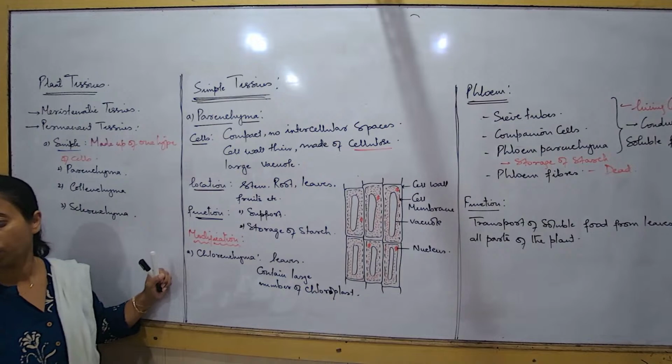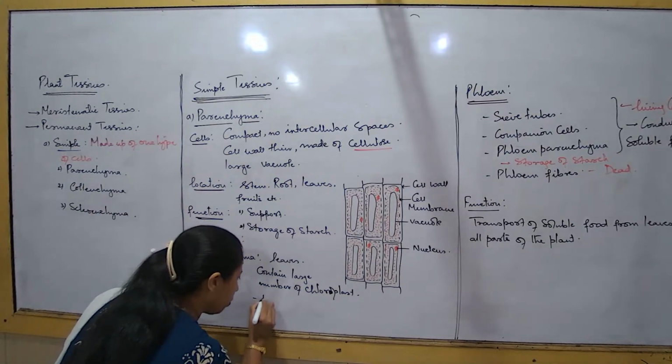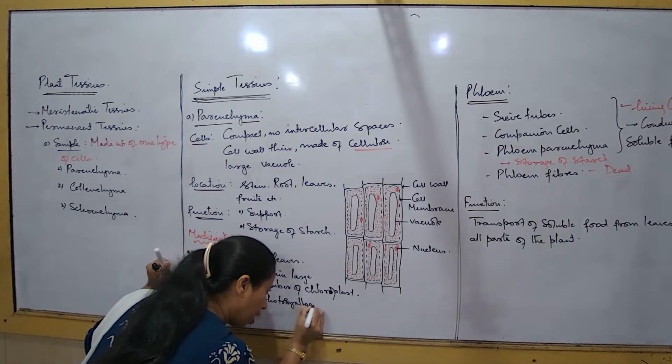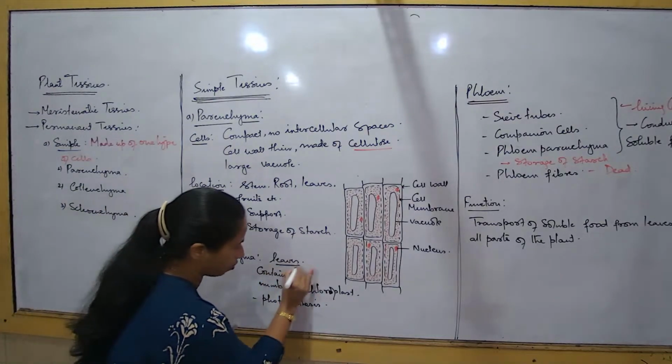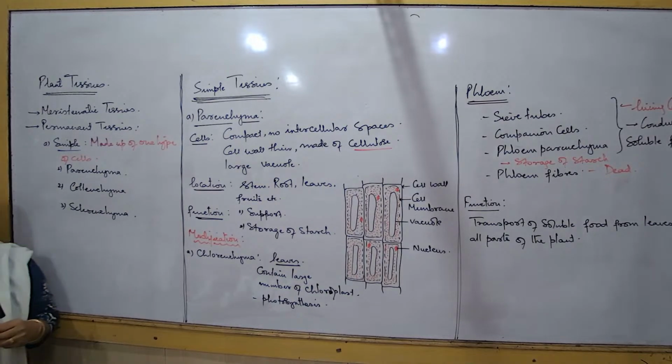They will be able to undergo photosynthesis. So chlorenchyma are able to undergo photosynthesis. Remember, they are present in the leaves. The leaf cells have parenchyma, which we will call chlorenchyma majorly.